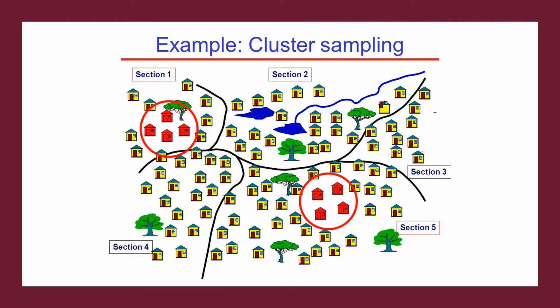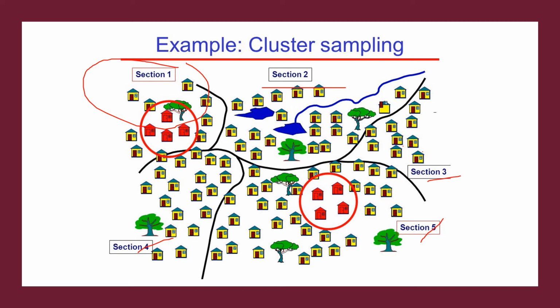In cluster sampling, the population is divided into clusters, which are then chosen at random. Such as for this one, we chose section 1, section 2, section 3, 4, and 5. Sample units are not identified independently but in a group or clusters. These provide logistical advantage.